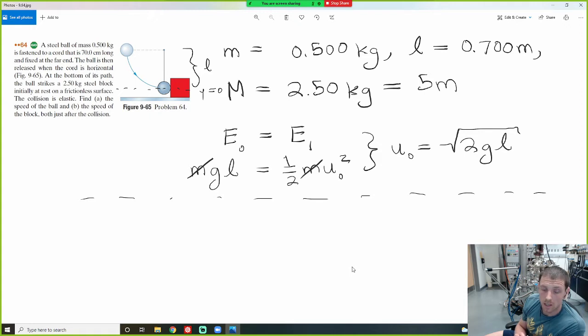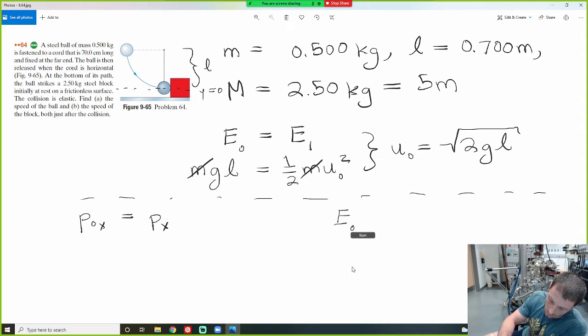Now what we're doing is we're looking at the situation right before the ball collides with the block and then right after. So we could do something like this. We could say, well, we know that our initial momentum is going to equal our final momentum, and they tell us it's an elastic collision, so we know that our initial energy is going to equal our final energy.